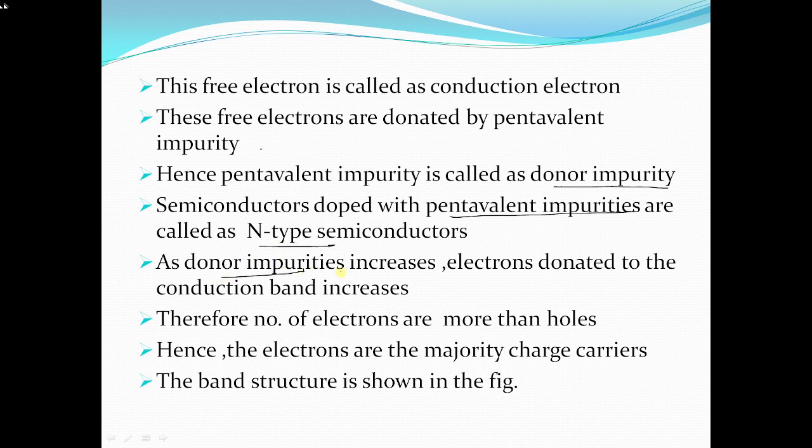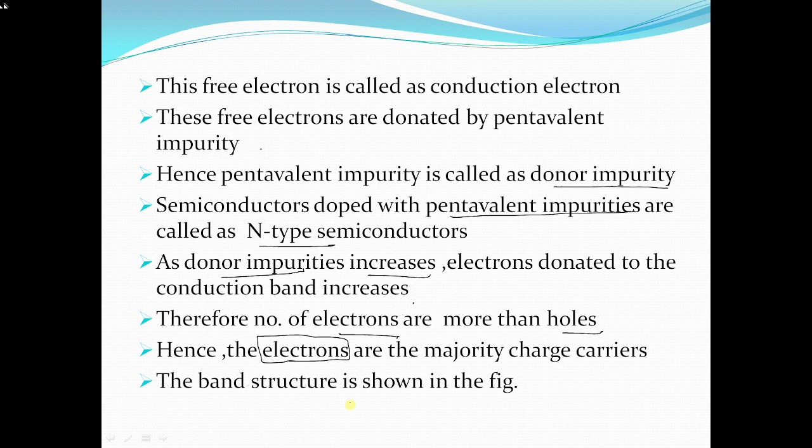As donor impurities increase, the number of electrons also increases, so electrons will be more than holes. What are the majority charge carriers in n-type? Electrons.